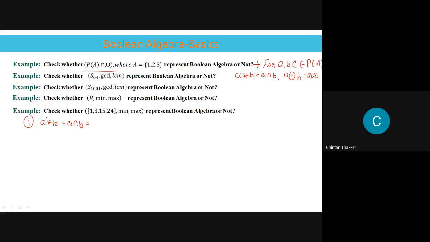So A intersection B is the same as B intersection A. Therefore, we have B star A.